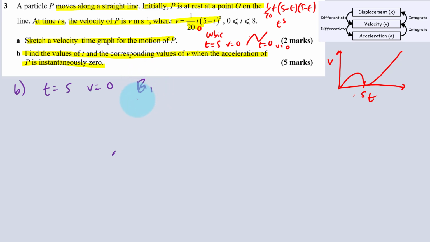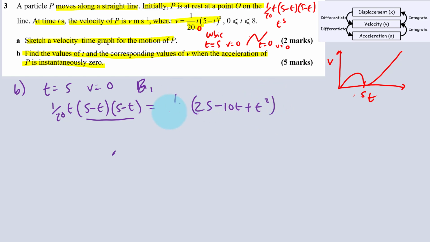Now you need to obviously expand these brackets out, right? So, depending on how you want to do this, let's write this like this, because people will make a mistake with the expanding otherwise. Okay, so I know this section is going to give us 25 minus 10t plus t squared and 1 over 20t.